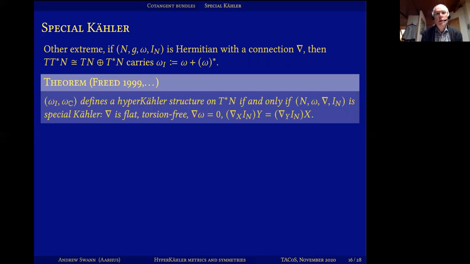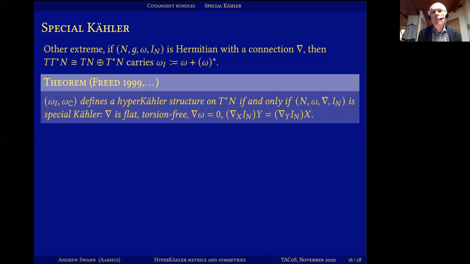This pair defines a hyperkähler structure on the cotangent bundle if and only if the base manifold and connection form what is known as a special Kähler structure. Special Kähler means that the connection we have is flat and torsion-free, and symplectic, so the symplectic form is parallel.